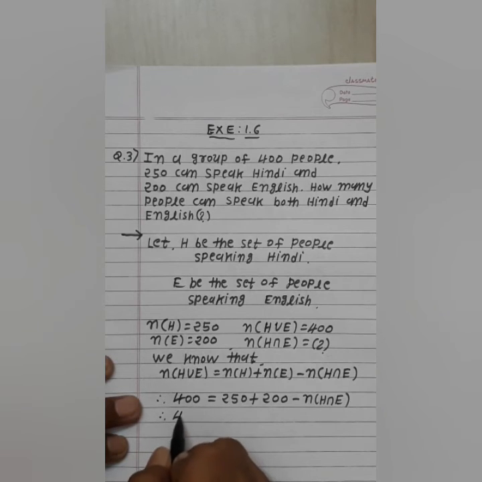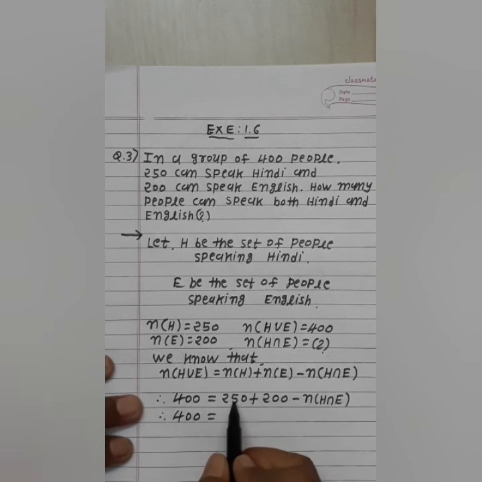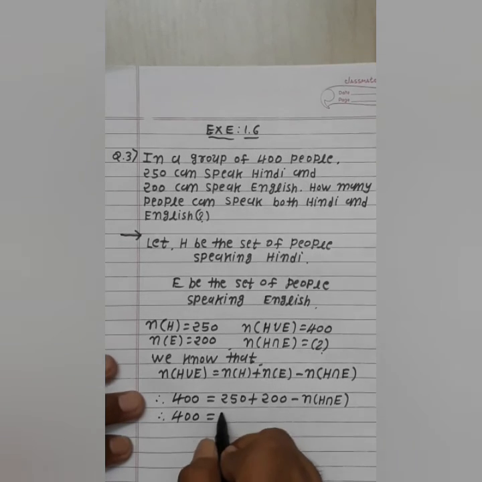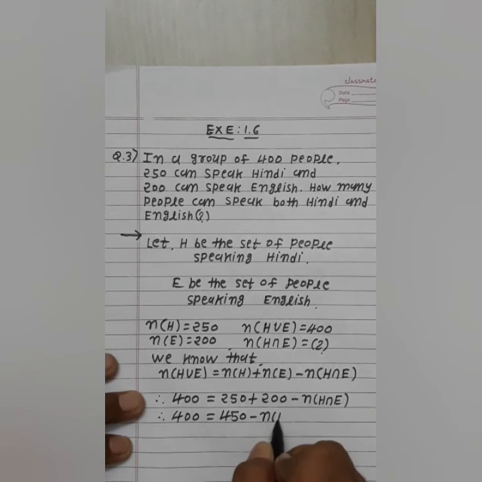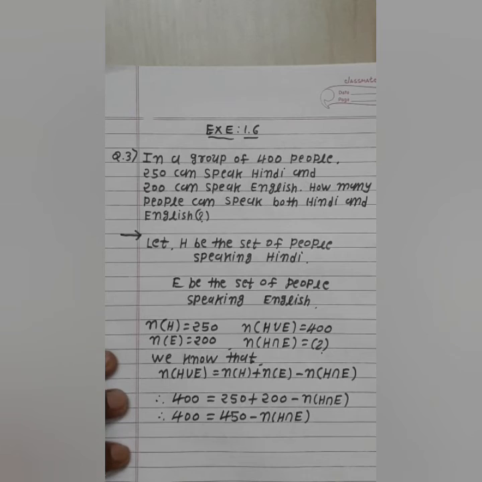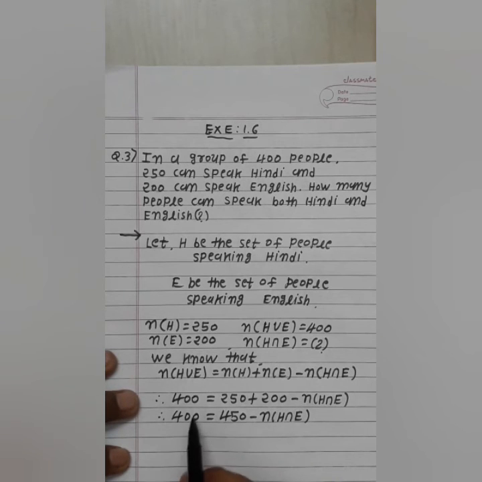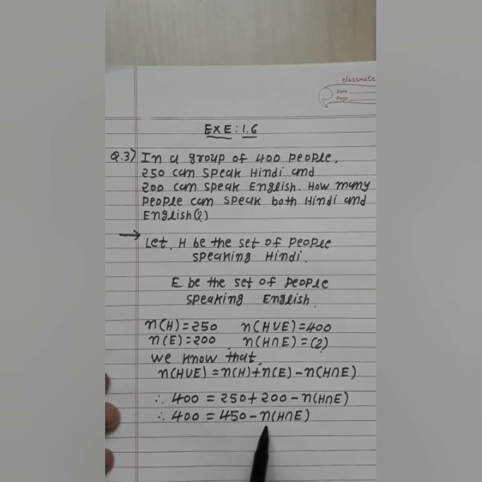Therefore, 400 is equal to 250 plus 200, that means 450, minus N of H intersection E. Now, N of H intersection E has a negative sign, so write it on the opposite side and 400 on this side. That means interchange the position of both these terms and change the sign.